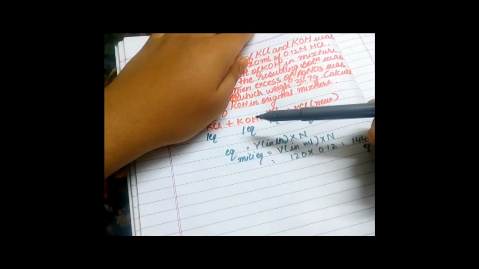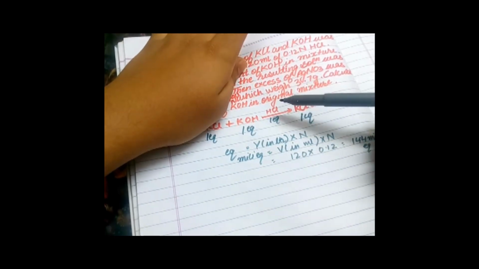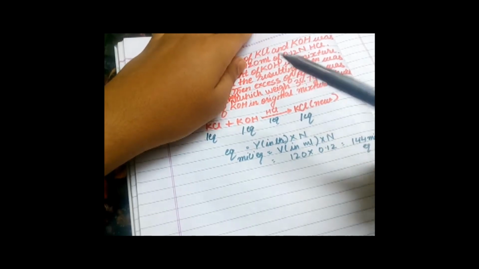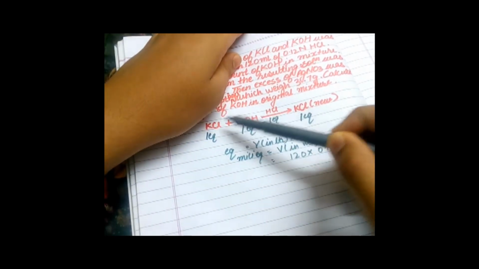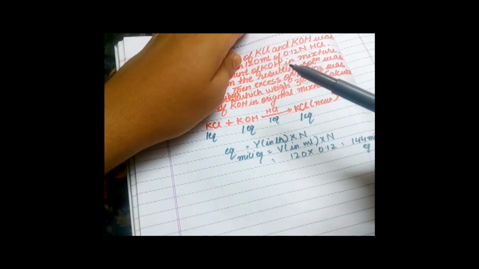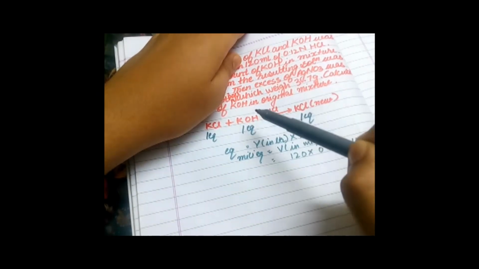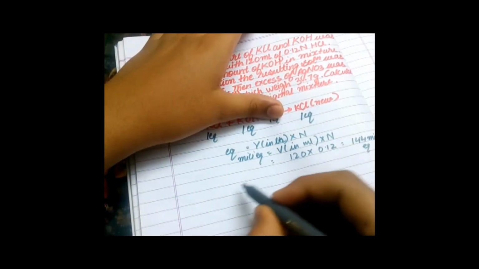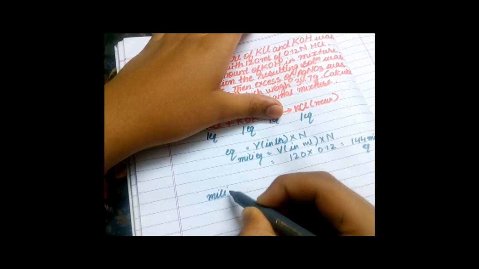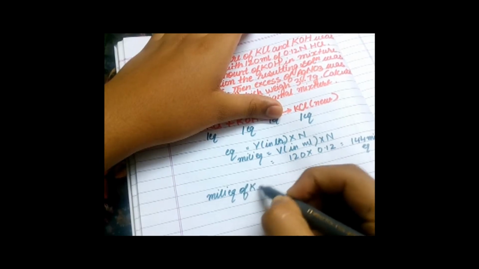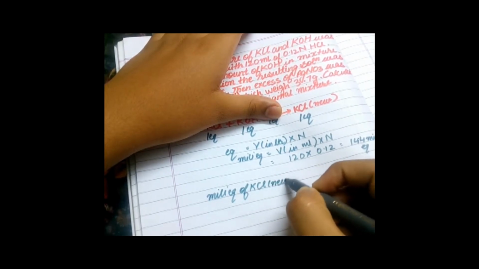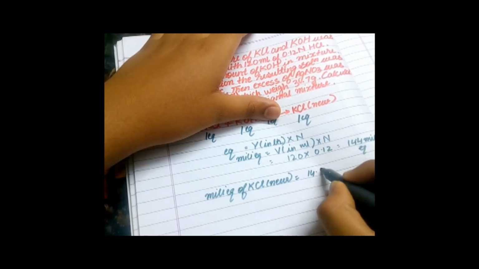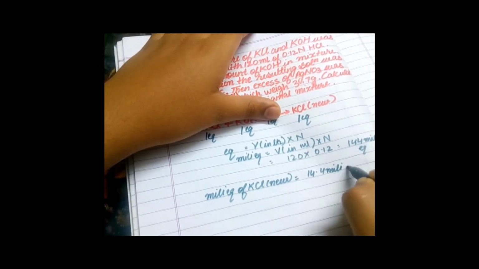So as I have written, 1 equivalent KOH reacts with 1 equivalent HCl to produce 1 equivalent KCl. I have written here new KCl because the first KCl is originally in the mixture but it is not taking part in the reaction, and this KCl is formed from the reaction of KOH and HCl. So the milliequivalents of new KCl we can write from the equivalence theory will be equal to 14.4 milliequivalents.